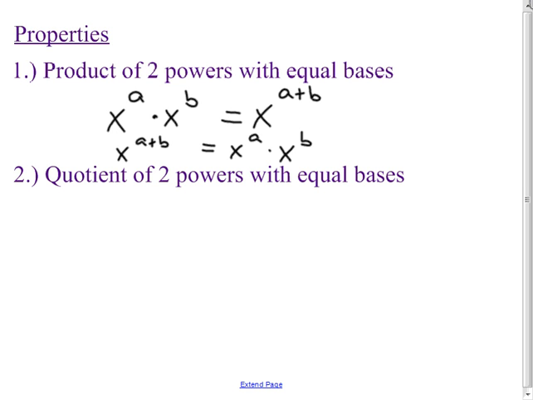Now we also have a quotient of 2 powers with equal bases. Very similar. The difference is it's a quotient, it's dividing. So this is going to be x to the a over x to the b. Exact same bases. When we're doing division, that's the same thing as x to the a minus b.